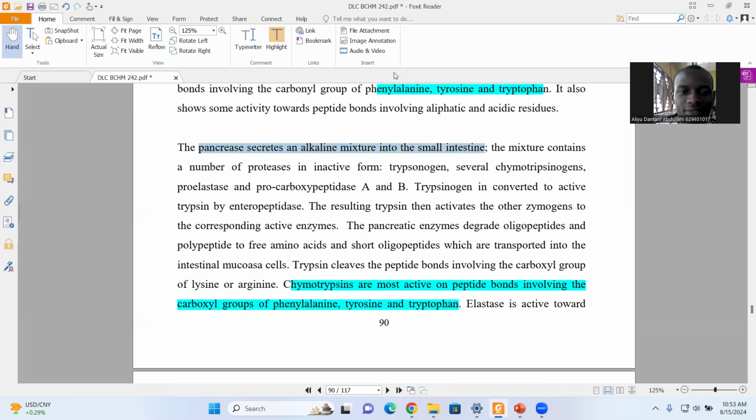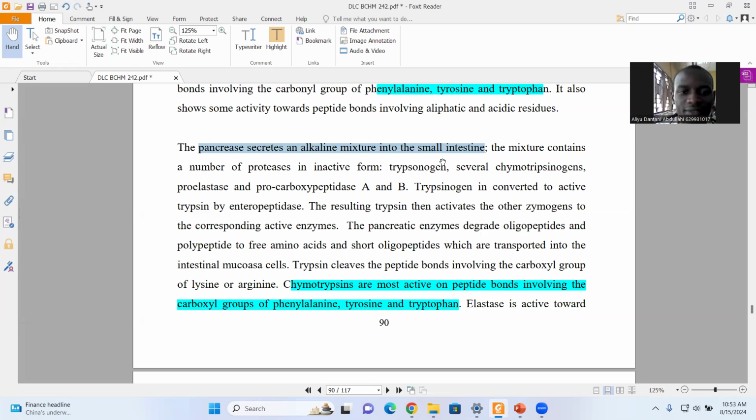Okay, so after the stomach, of course, the remaining undigested proteins or amino acids will go into your intestine, right? Where you have other proteases that also act on your protein. The mixture contains a number of proteases.